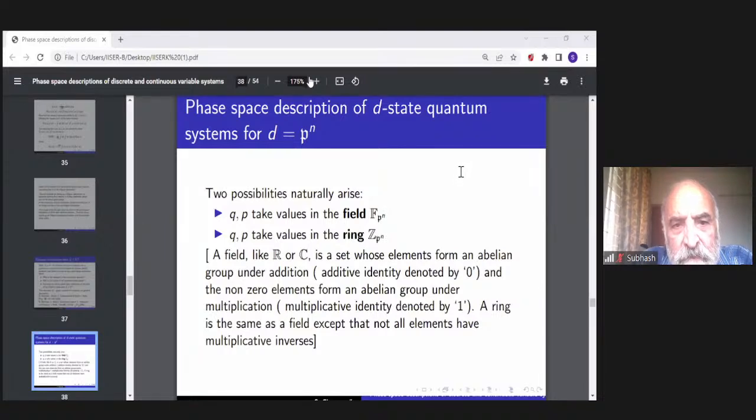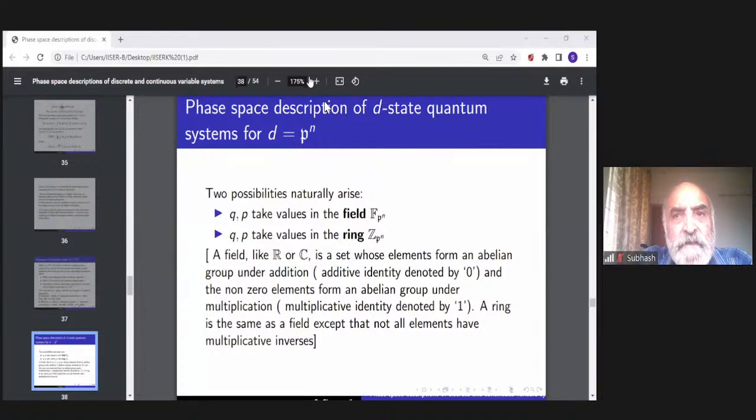Can spin operators have a corresponding Wigner distribution? My question is, can a finite dimensional operator have a Wigner distribution which is continuous in nature?